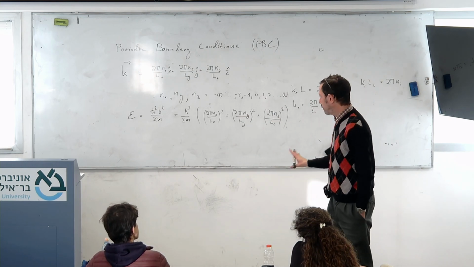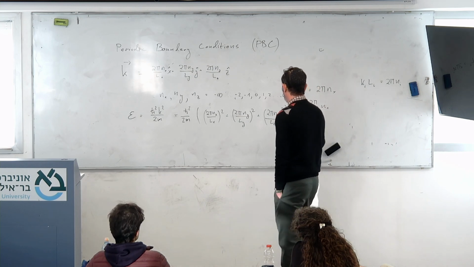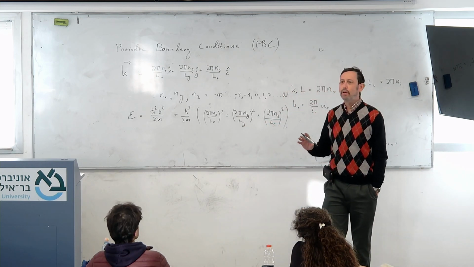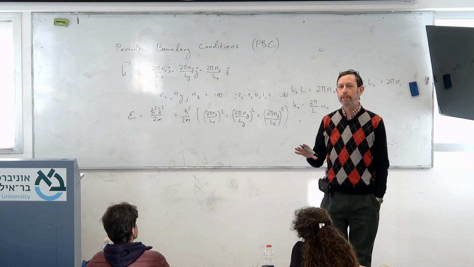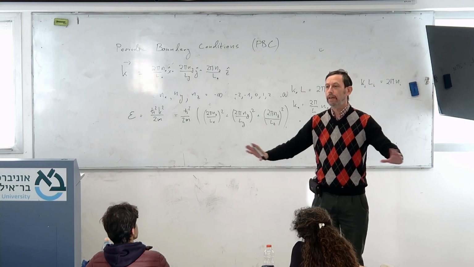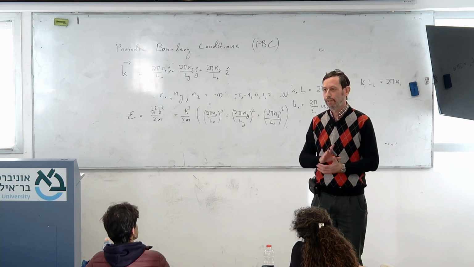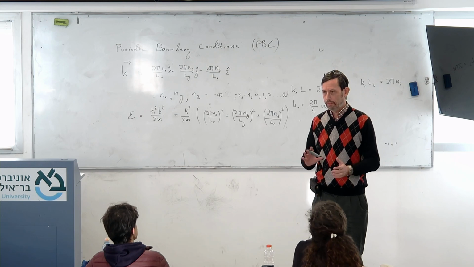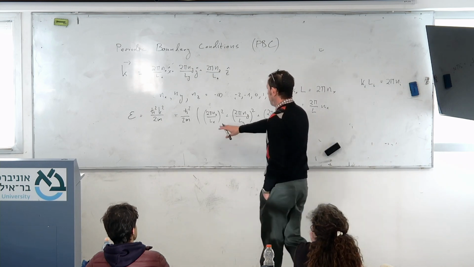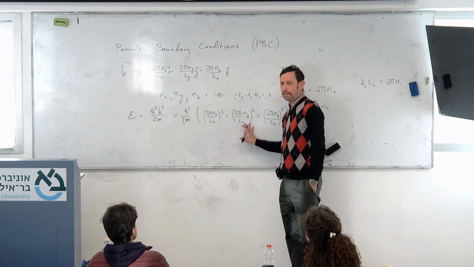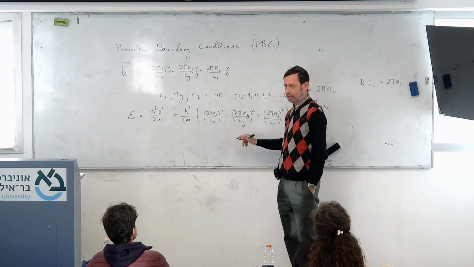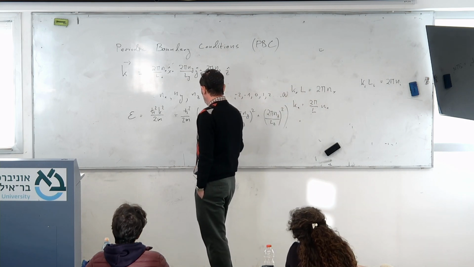Now, for simplicity, I won't go into 10 dimensions. I'll go into 2 large dimensions and 1 small dimension. So let's say Lx, Ly are large dimensions, and Lz is a small dimension.